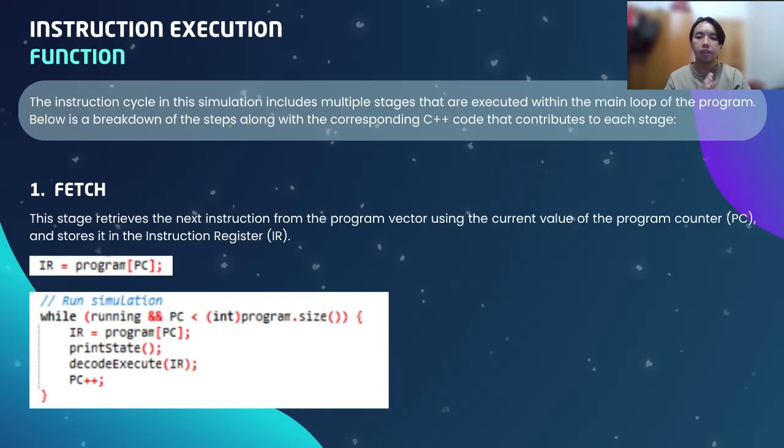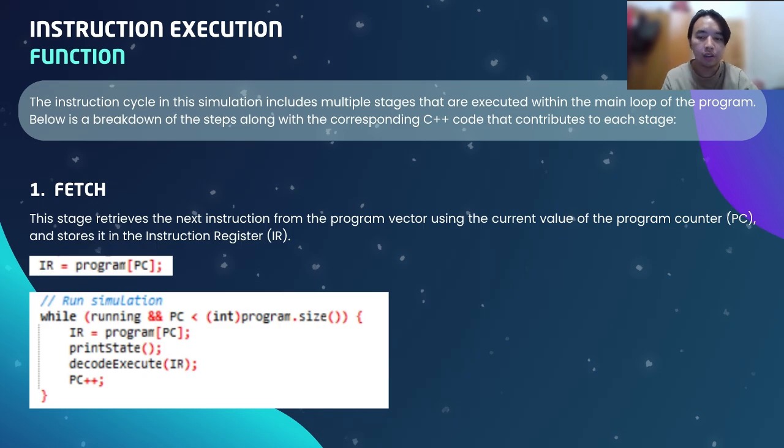Alright, lastly, onto the instruction execution function. The instruction cycle in the simulation includes multiple stages that are executed within the main loop of the program. Below is a breakdown of the steps along with the corresponding C++ code that contributes to each stage.